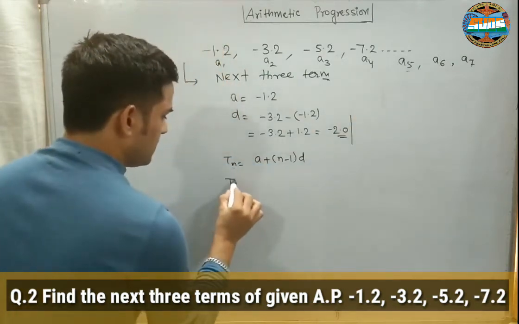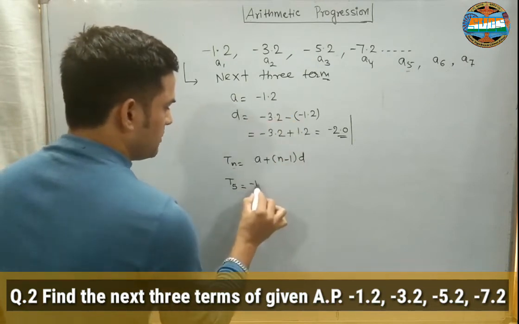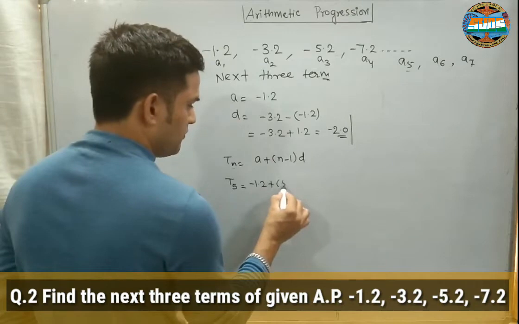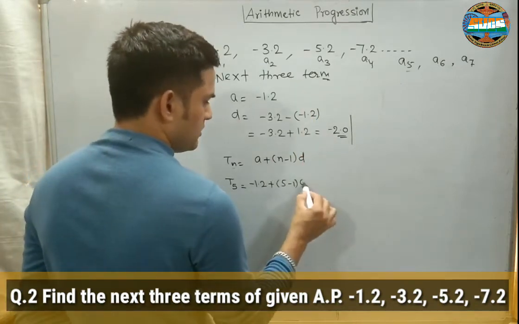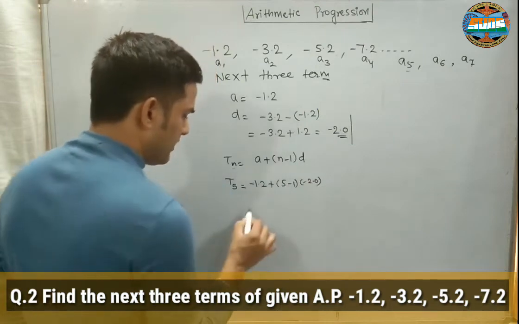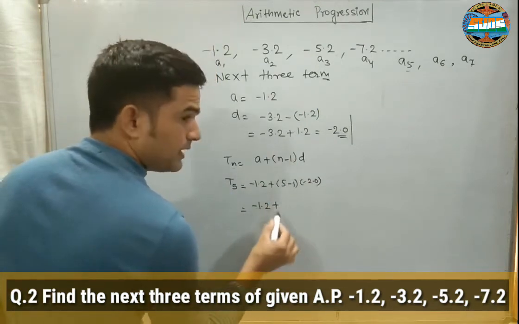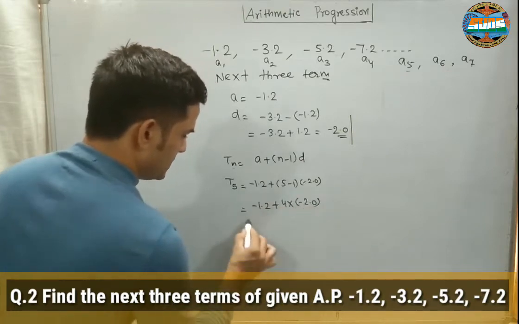We find the fifth term. A is -1.2 and n is 5, and D is -2.0. So -1.2 plus (5 minus 1) which is 4, multiply by -2.0.